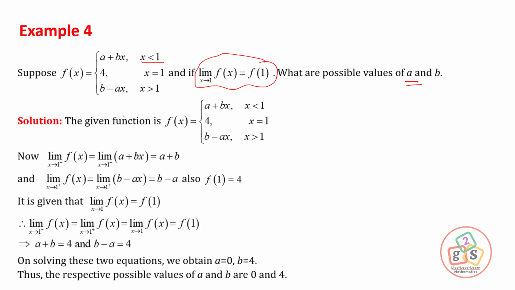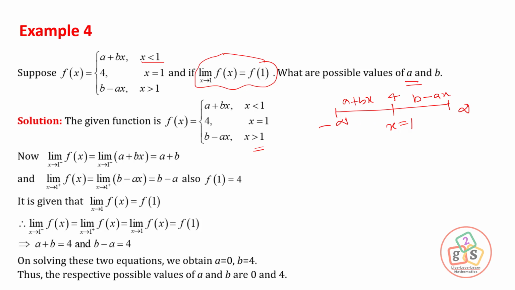For the given function, take the whole real line, minus infinity to plus infinity, and take the point x is equivalent to 1. At x is equal to 1, the value is 4, for x less than 1 it is a plus bx, and on the right hand side, above 1, it is b minus ax.